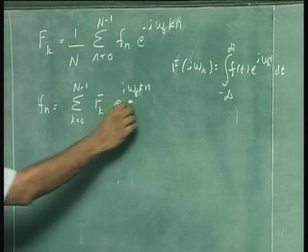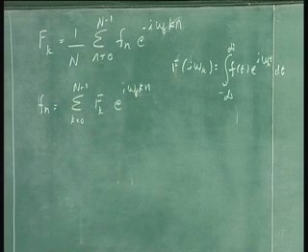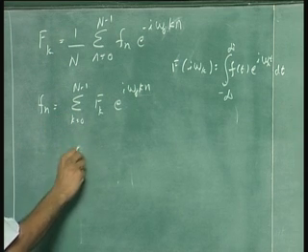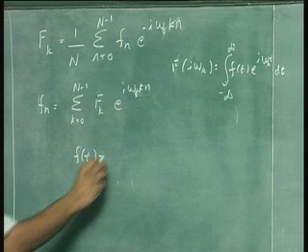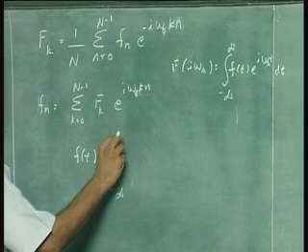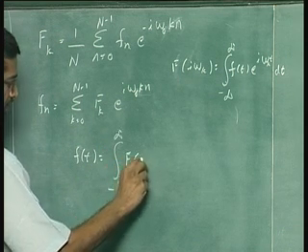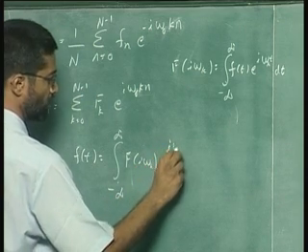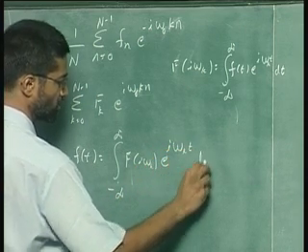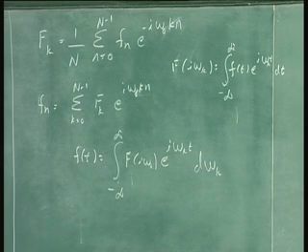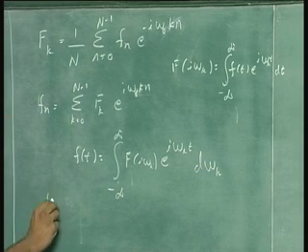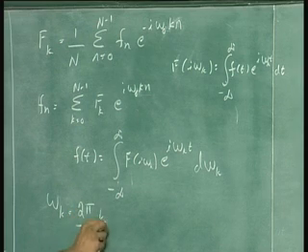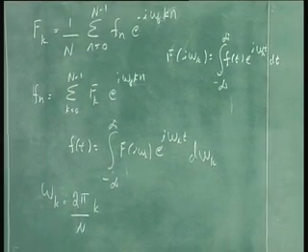Remember, k and n are integers here. Now this is equivalent to saying f(t) is equal to the integral from minus infinity to plus infinity of F(iω_k) e^(iω_k t) dω_k. Remember, ω_k here is 2π/N times k, where k is an integer.